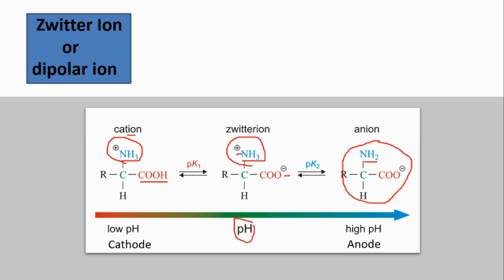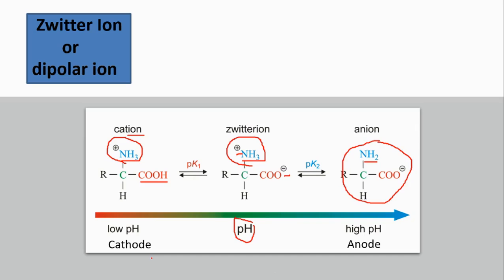So it is in the form of a cation and hence it migrates toward the cathode. So the Zwitter ion, as neutral, remains at one place, but when it is present in a solution of high pH, it migrates towards the anode, while at low pH, it migrates towards the cathode.